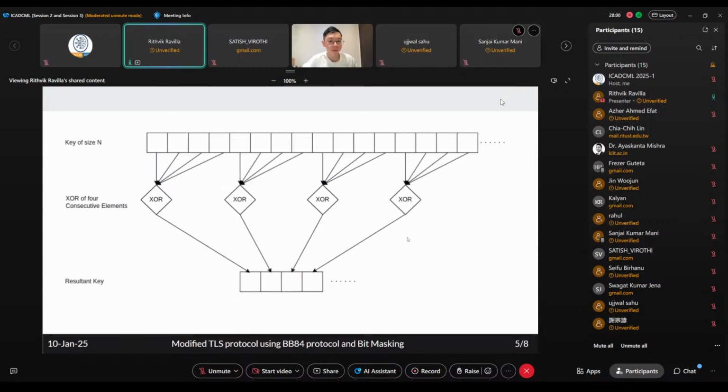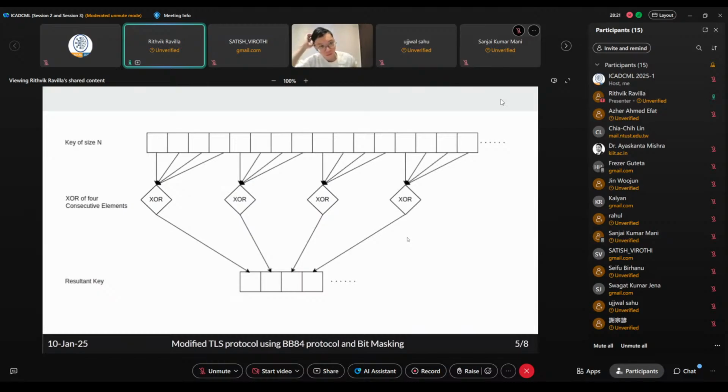The attacker could take the revealed bits and from that devise a relation between the bits in the reveal key. In order to prevent that, we take k consecutive bits and XOR them together to form a mask, and that forms a new bit in the reveal key.